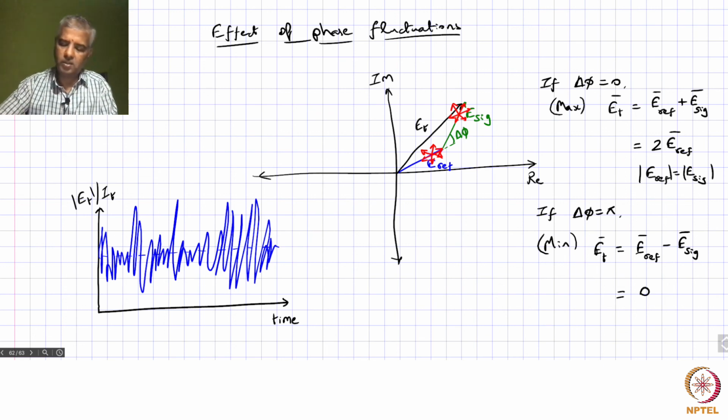And that actually causes this wild fluctuation in the electric field vector, not only in the phase but also in terms of the amplitude, the magnitude of the electric field, because of this noise, and that is typically the problem.